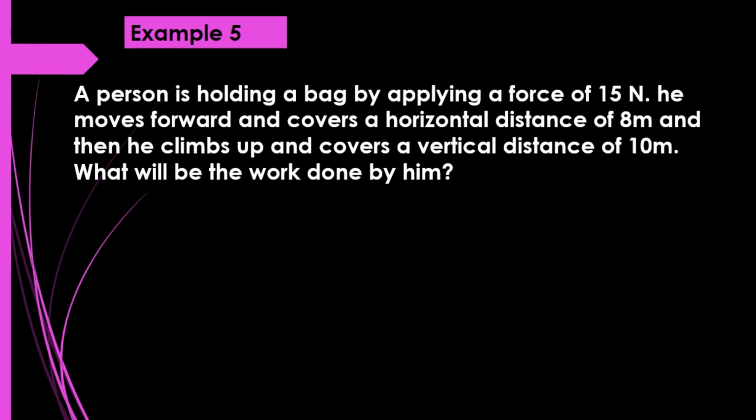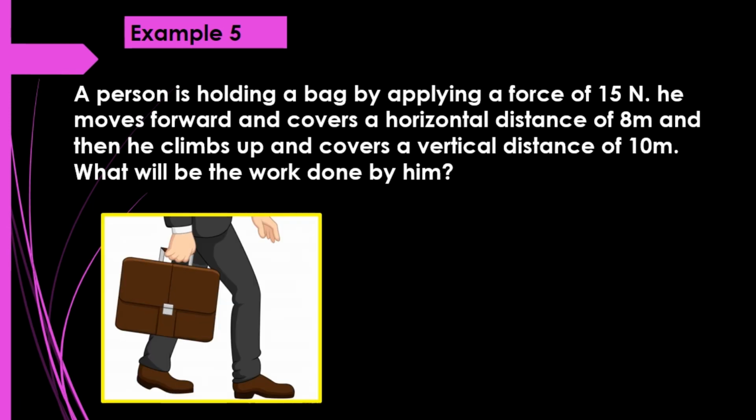In the question, it is mentioned that a person is holding a bike by applying a force of 15 Newton. He is applying force in the upward direction and he is moving forward, first horizontally for a distance of 8 meter, and then vertically he climbs up and covers a vertical distance of 10 meter.